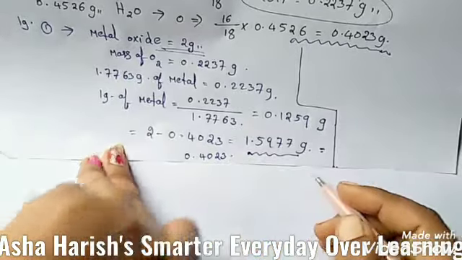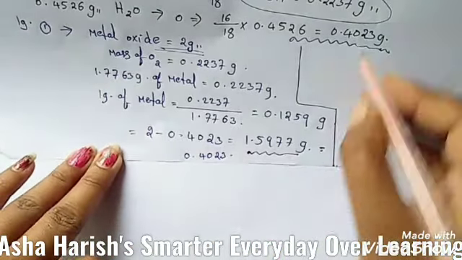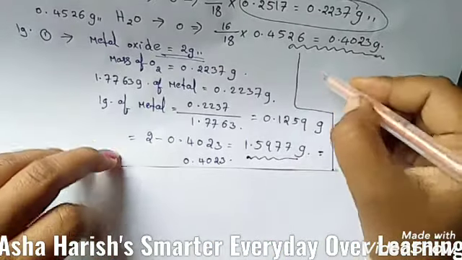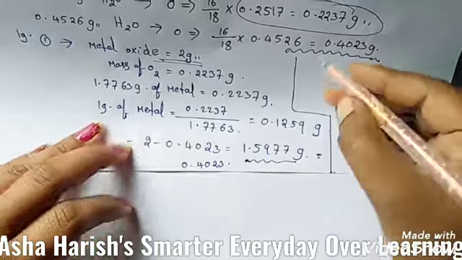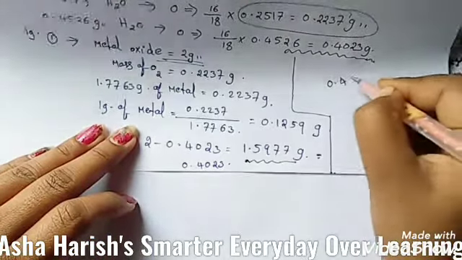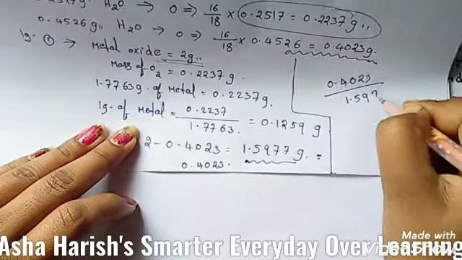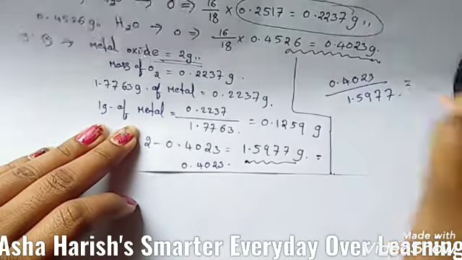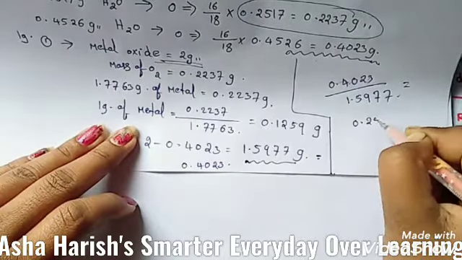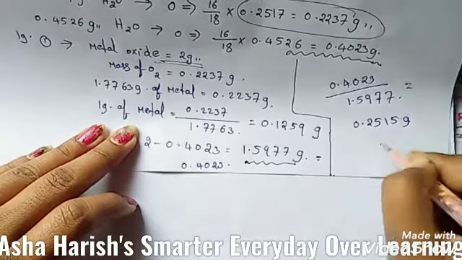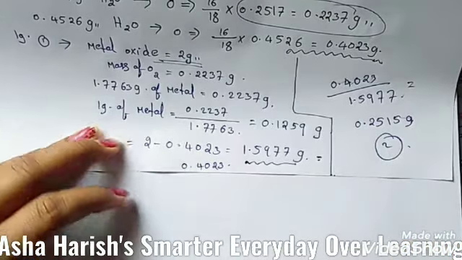Now the mass of oxygen which combines with 1 gram of metal, we should calculate now. If it is 1 gram of metal, 0.4023 by 1.5977 grams. Answer is 0.2515 grams. This is only in step 2.